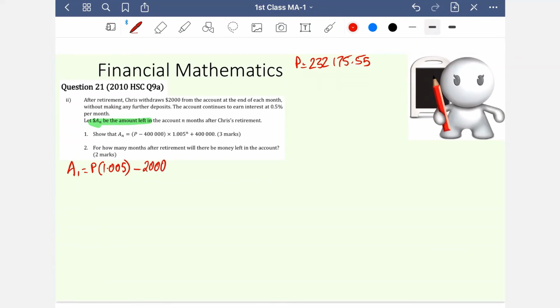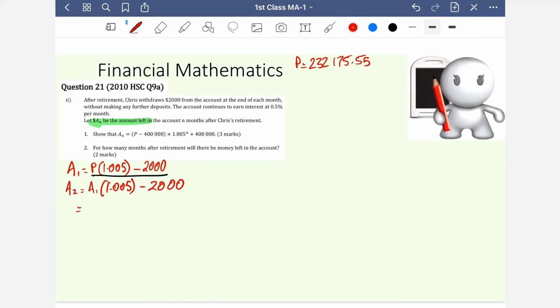So that's what's happening there. Now in the second month, well, it's whatever he's got in the first month, and there it is written there. Well, it's going to earn interest, and then he makes another withdrawal.